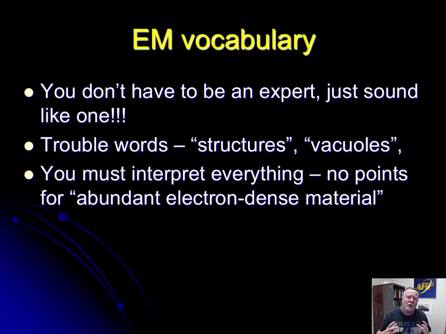A lot of stuff that is really heavily electron dense may be extremely degenerate if it's in a cell, maybe necrotic material if it's outside of a cell. Necrotic material really picks up osmium, and it just looks black.